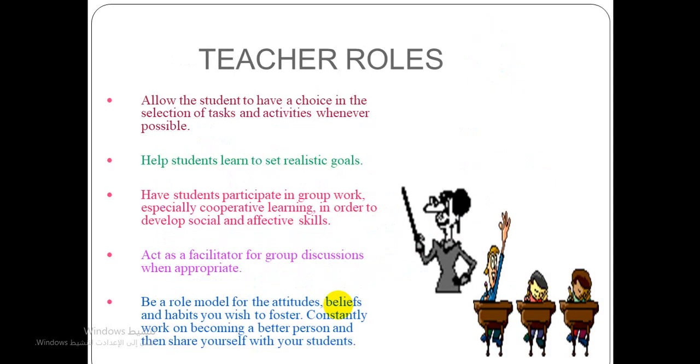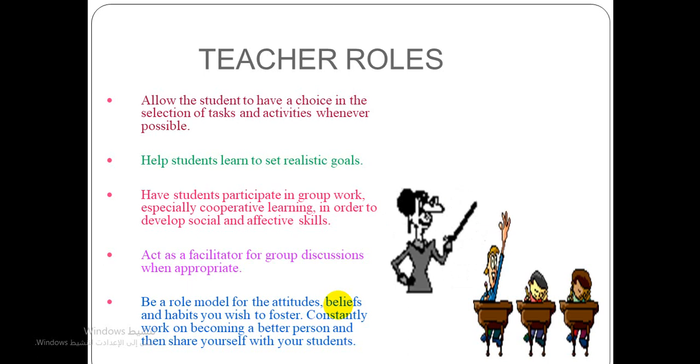What is the teacher's role? Yes, according to the affective humanistic approach, the teacher allows the student to have a choice in the selection of tasks and activities whenever possible. The teacher helps the students learn to set realistic goals. Teachers have students participate in group work, especially cooperative learning, in order to develop social and affective skills.